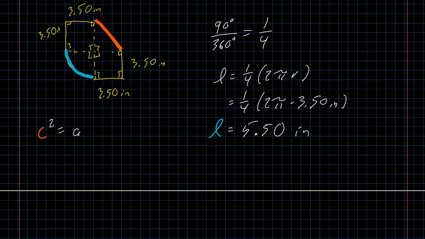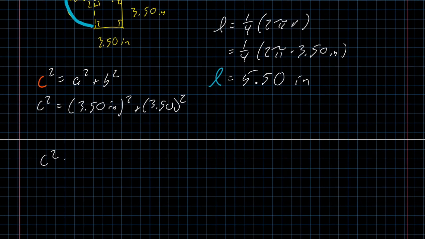C squared is equal to a squared plus b squared. Which gives me that c squared is 24.5, and then c itself is going to be the square root of 24.5, which is 4.95.